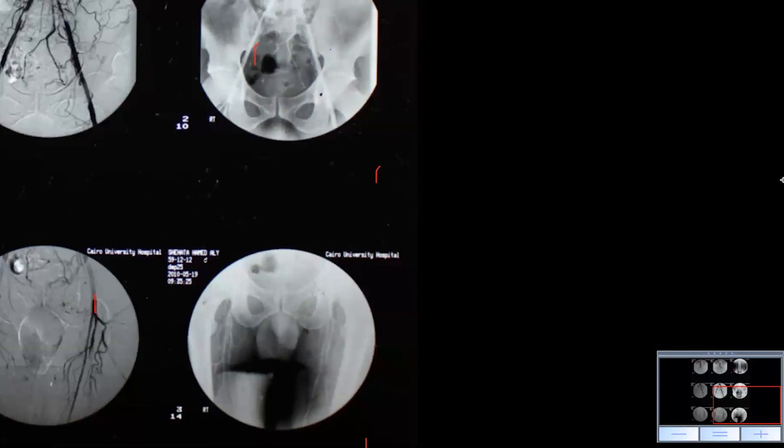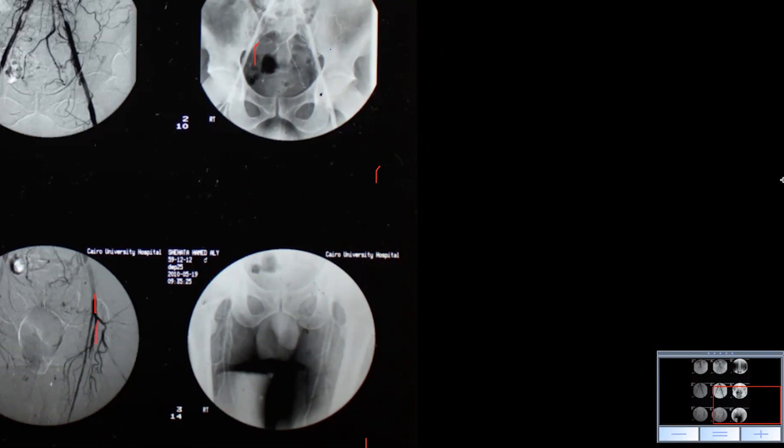Which part is the common femoral? It's where it branches, I mean, distally it branches into superficial and profunda. Where is the superficial? This one is superficial, and it seems later it's blocked.